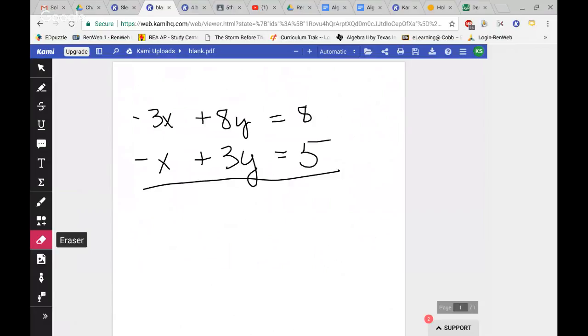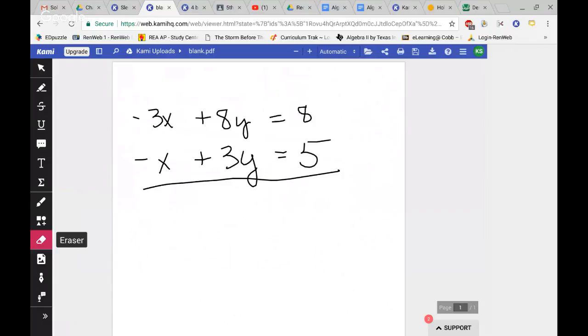Multiply. Okay, multiply which one? The y. You're going to multiply the whole entire equation by something. Which one would be easiest? What do you think is going to be the easiest to make the same?